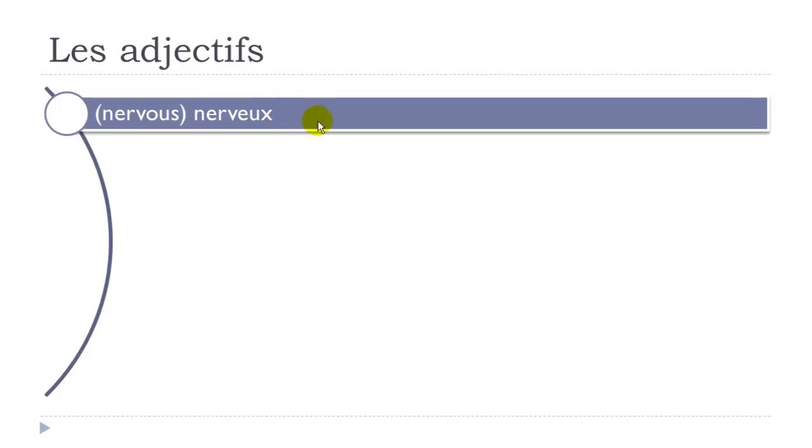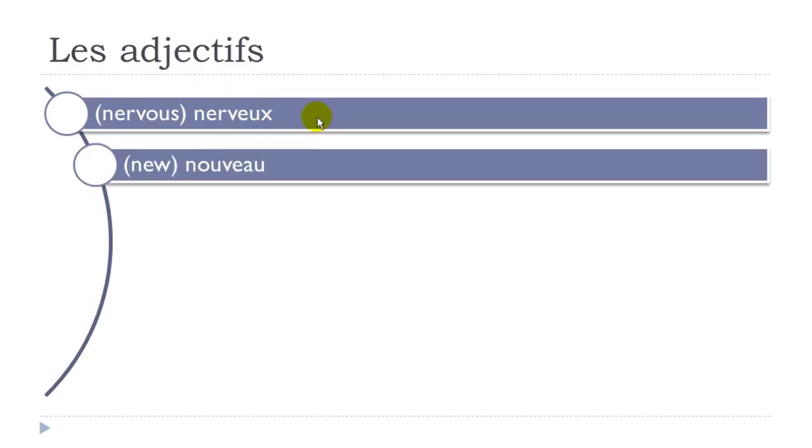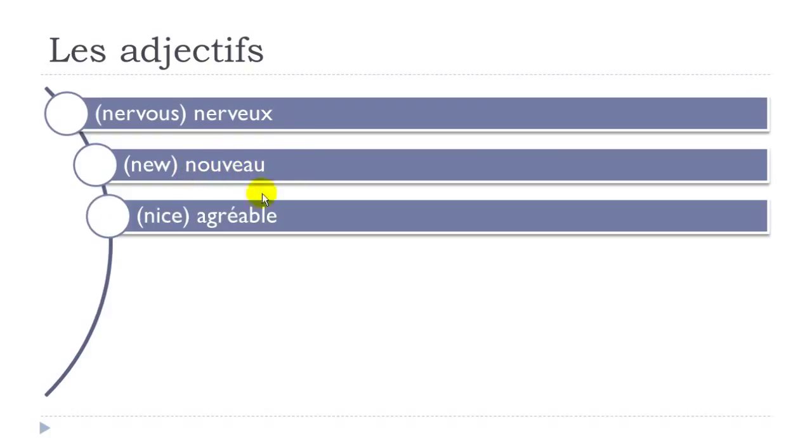Final X not pronounced. Nouveau. Remember, combination of A and U together, it's O. So you get nouveau. Okay? Agréable. Don't insist on the final bl. Agréable.